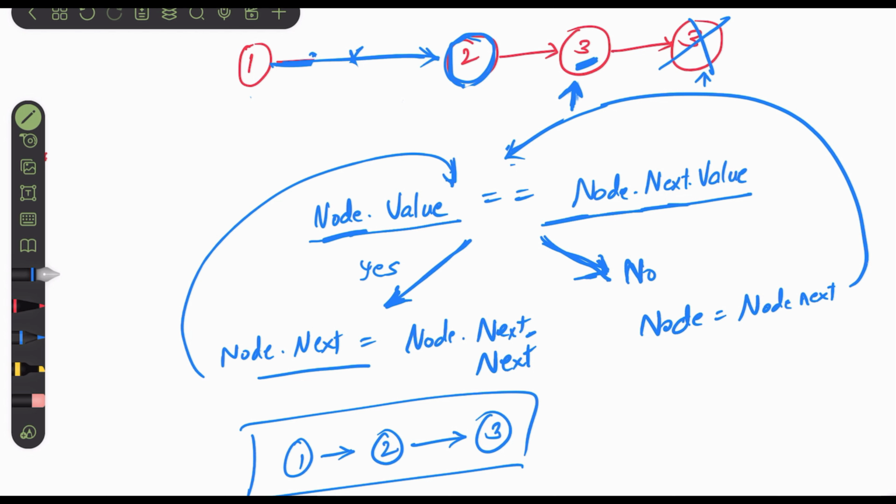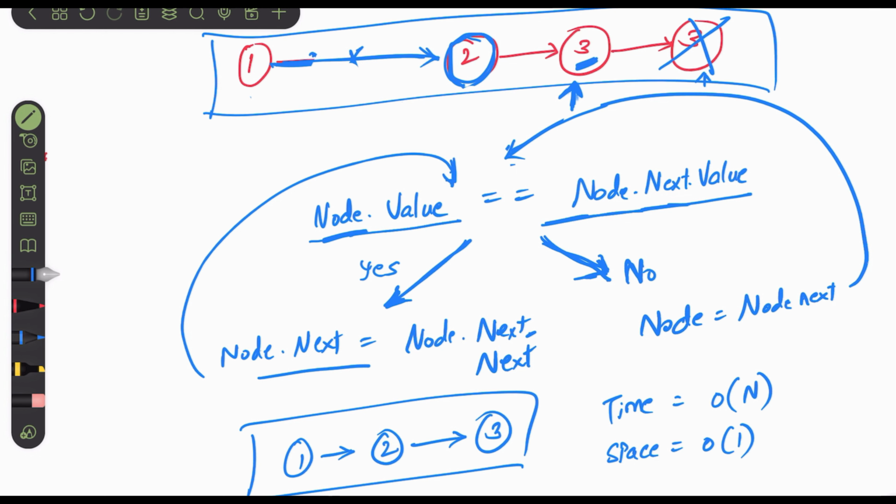With this approach, our time complexity remains the same, that is O of n, where n is the number of nodes in the list node, and the space complexity is improved to O of 1 as we are updating the input list node itself without creating a new variable. I hope you were able to understand this explanation.